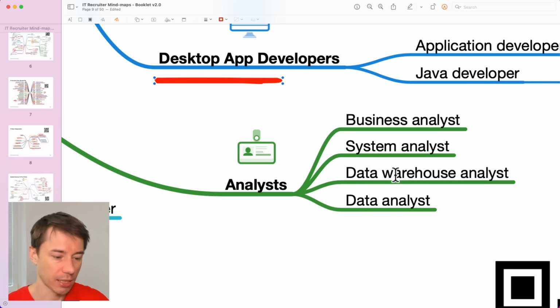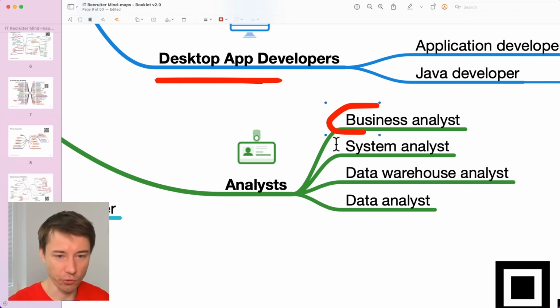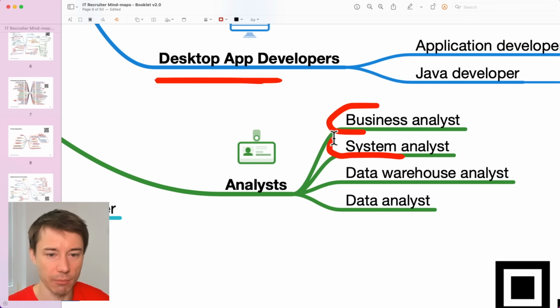If the person is closer to the business stakeholder, then we are talking about the business analyst. If someone has been working in IT for several years as a developer and then transitions to being an analyst, then it's very likely that the person will be a system analyst.